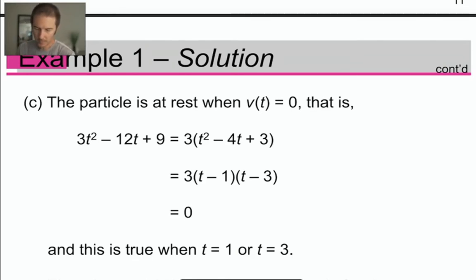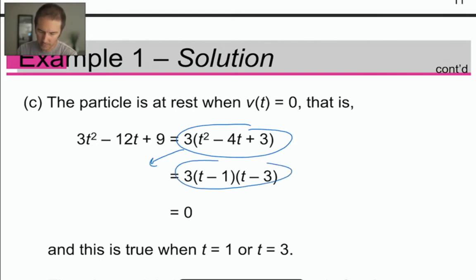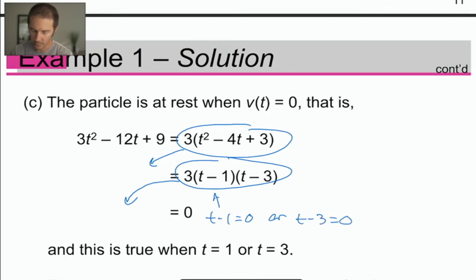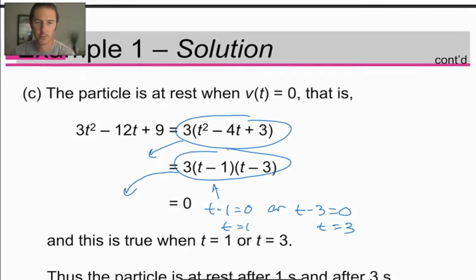If it were me, I would have put this on the left-hand side factored, and then set it equal to 0 and realized that the left-hand side equals 0 when either t minus 1 is equal to 0, or when t minus 3 is equal to 0. And that happens when t is equal to 1 or when t is equal to 3. So I don't love the organization of the arithmetic on this one.